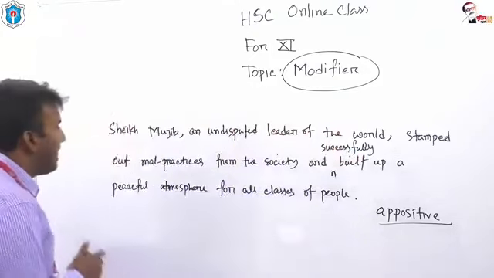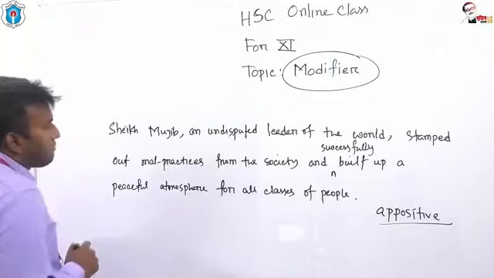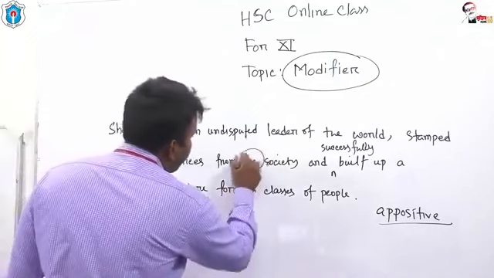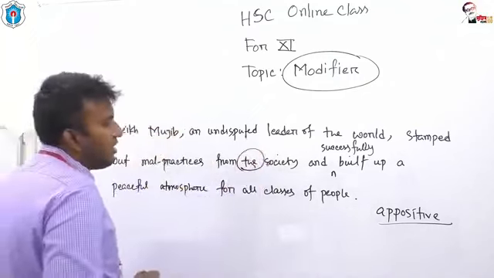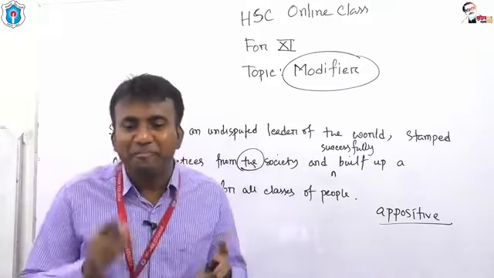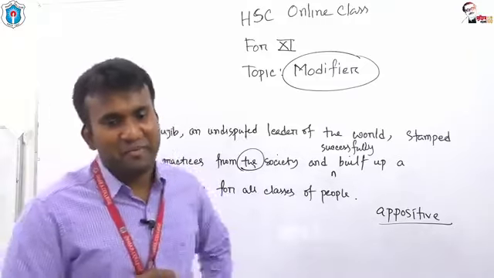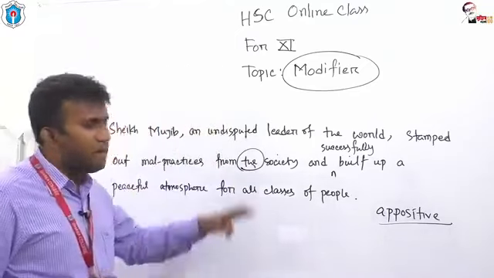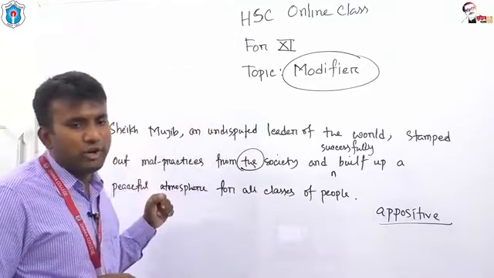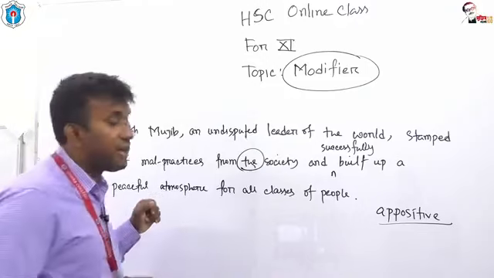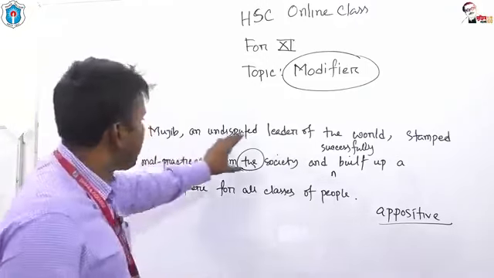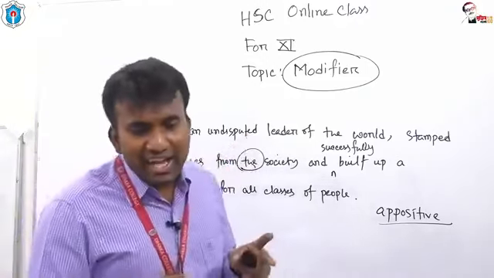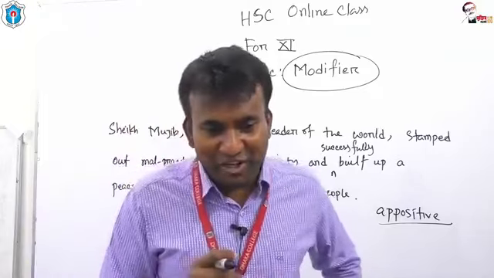Stamp out malpractices from the society. Here "the" is a modifier. Is "the" a pre-modifier or post-modifier? "Stamp out" is not a modifier, okay? It's normally a verb, a phrase. "From the": is it a pre-modifier or post-modifier? What do you think?